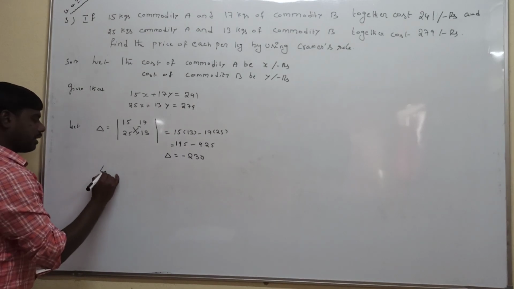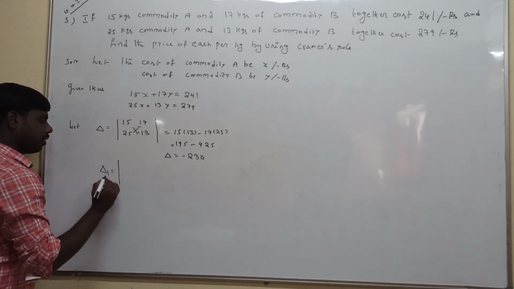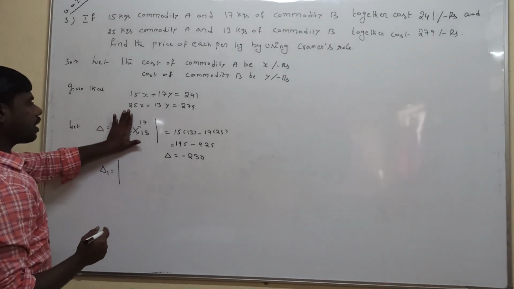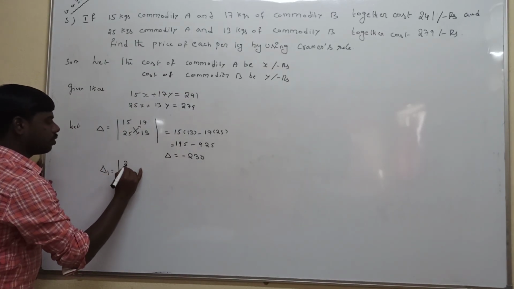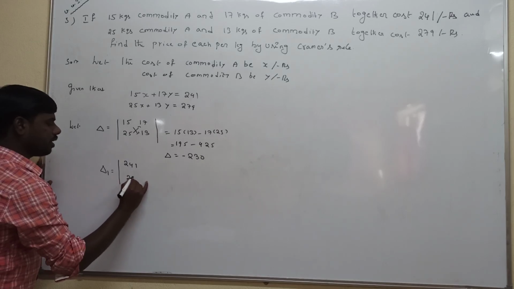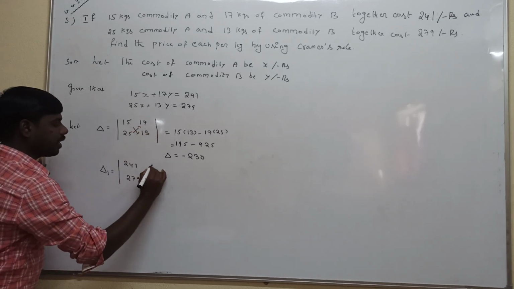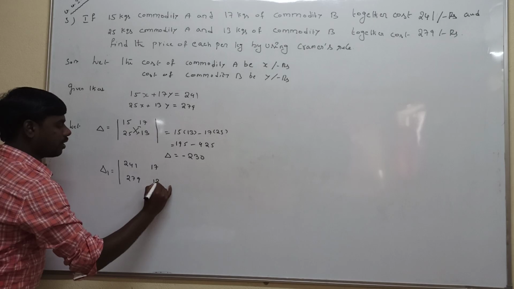Next we take delta 1. From delta, the first column is replaced by the constant values 241 and 279. The second column remains 17 and 13.